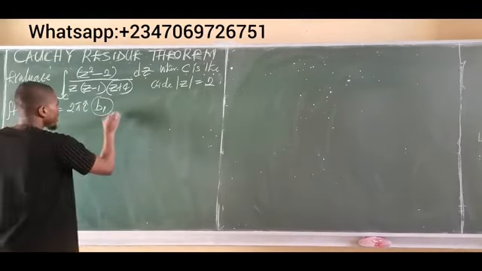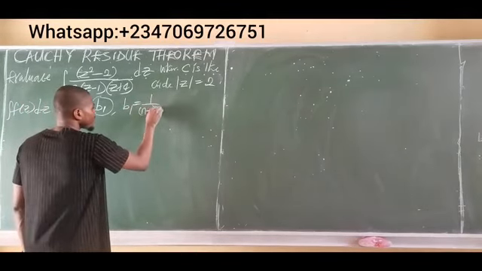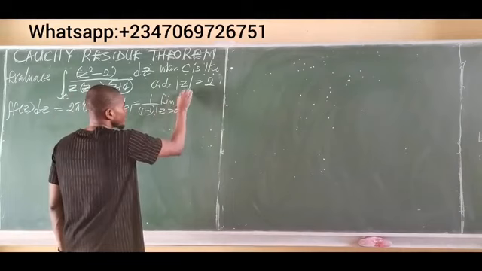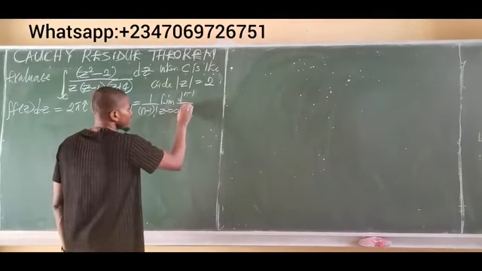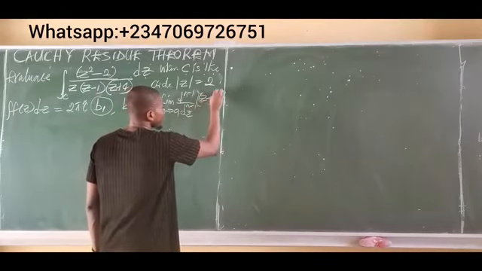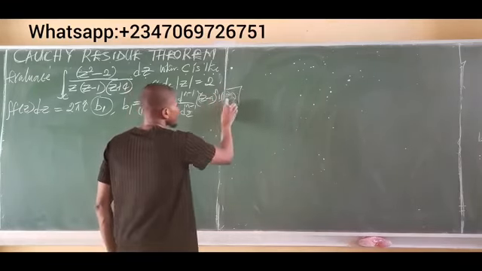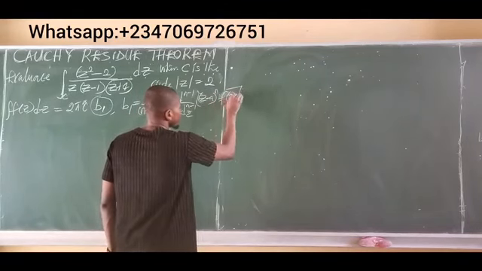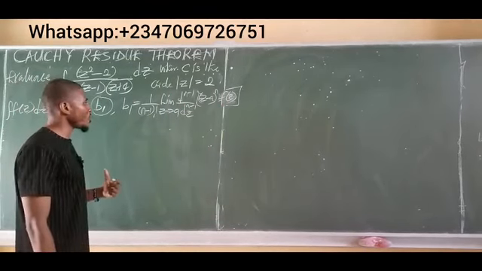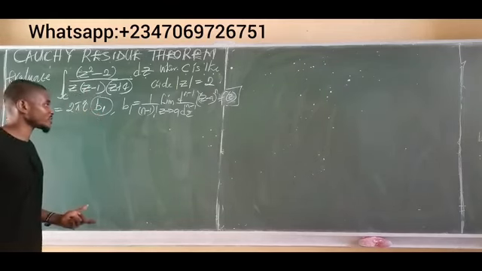And to find the residue b1, we simply use the relationship b1 equals 1 over (n minus 1) factorial, limit as z tends to a, of the (n minus 1)th derivative with respect to z of (z minus a) to the power of n times f of z, where f of z is a given function, and n is the order of the factor in the denominator upon factorization.